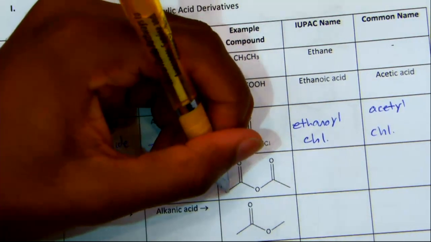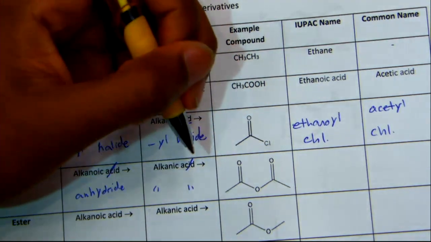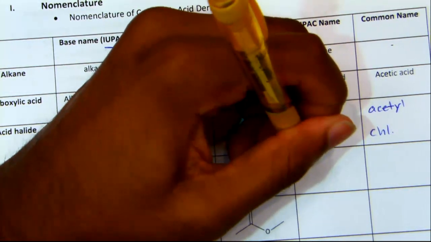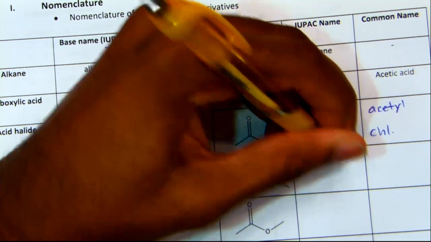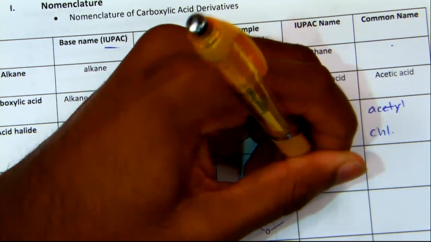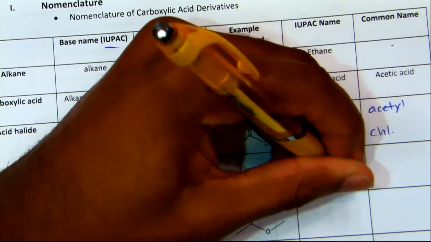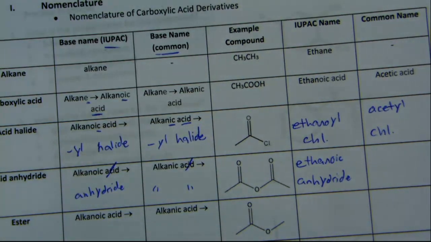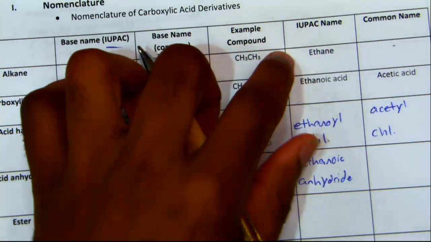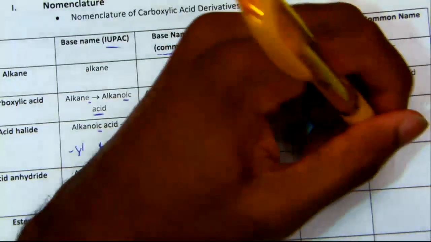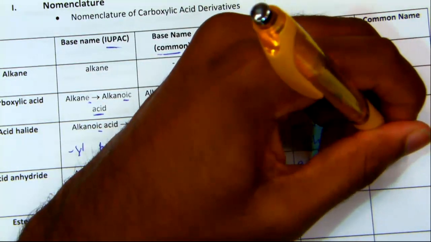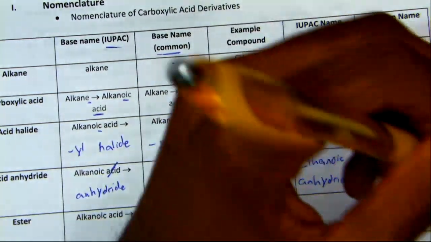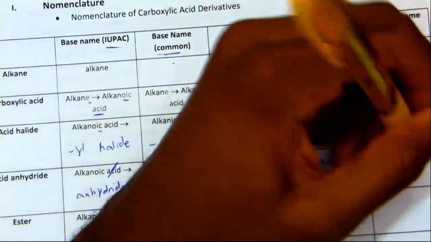The parent chain is 2 carbons long, so it's ethanoic anhydride. And then same for the, oh, did I say common name? That was the IUPAC name. The common name in this case would be acetic anhydride.